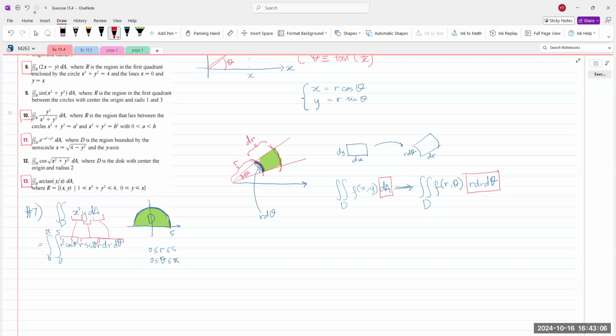It's too close to each other. Let me redo it. I tried to save some space, but if it compromised the view, then let me just redo it. So the x squared becomes r squared cosine squared theta, that's my x squared, times y, that's r sine theta, that's my y.